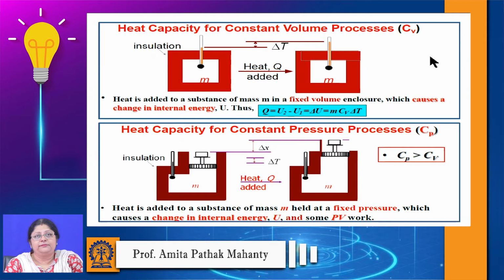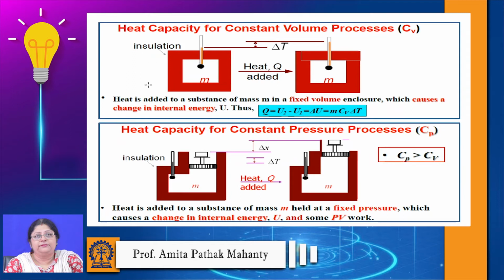When you are talking about Cp and Cv, you see that Cp is always greater than Cv. Now let us find out why it is greater than Cv. When you have heat capacity at constant volume, you have the same mass, suppose enclosed in an insulated container, and it is a constant volume process.